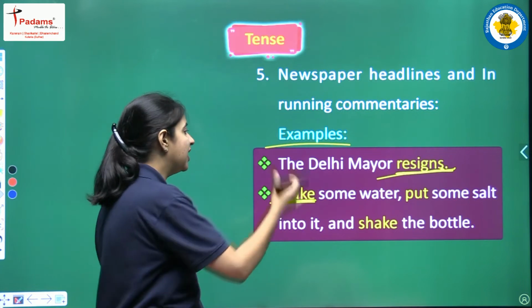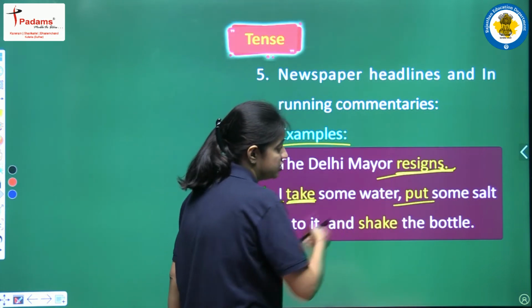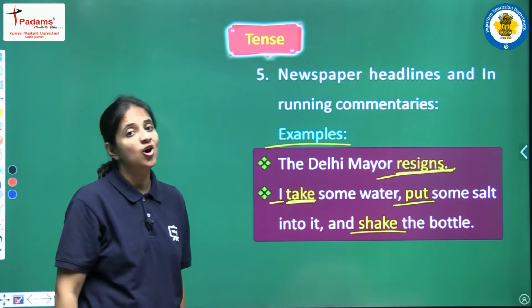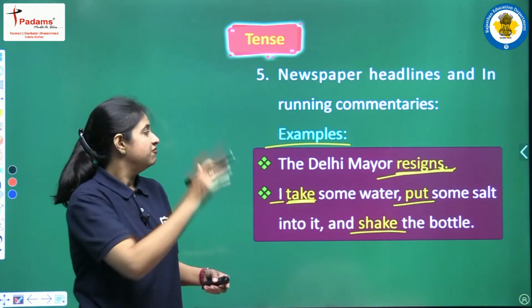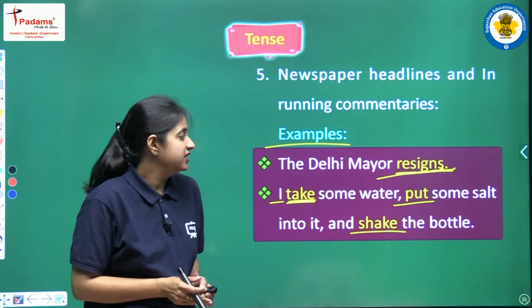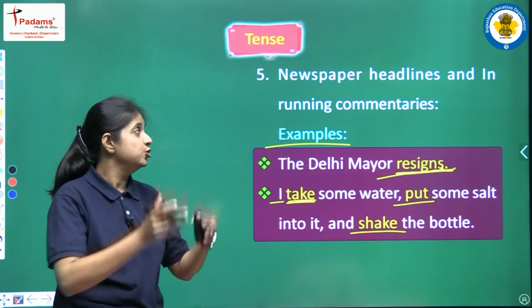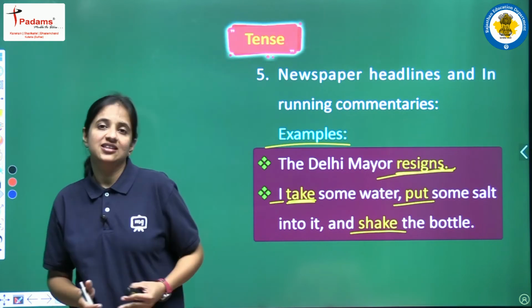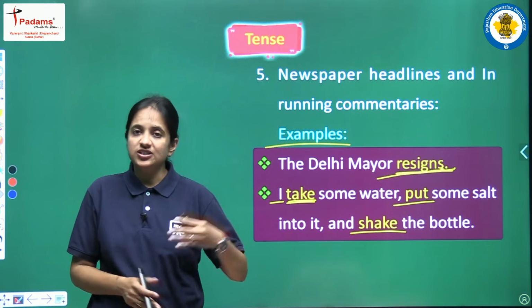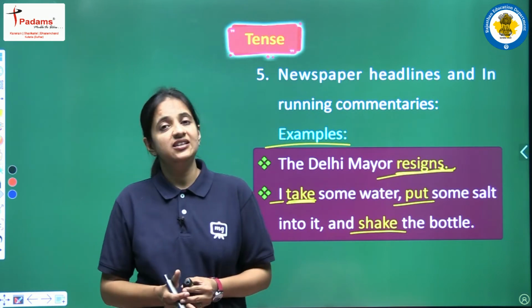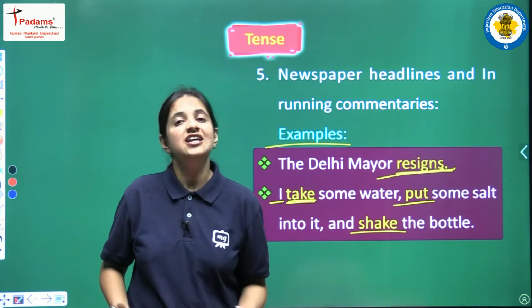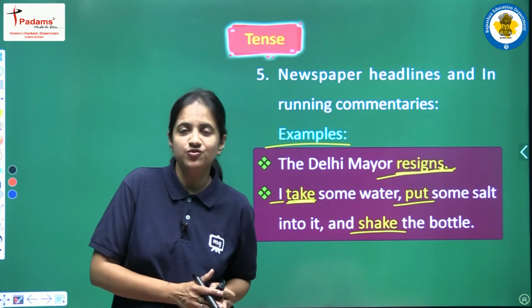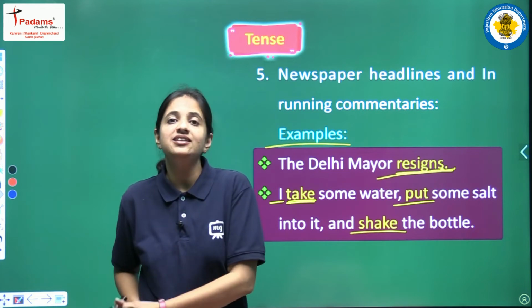He is saying I take some water, put, again first form, some salt into it and shake, again first form, the bottle. So this is the fifth use of this tense, in newspaper headlines and in running commentaries. These are the 5 major uses of this tense. There are many different uses, but these 5 are the basic major uses of the present simple tense.